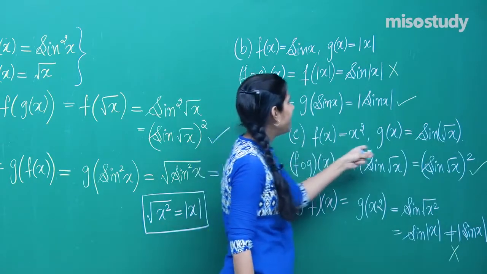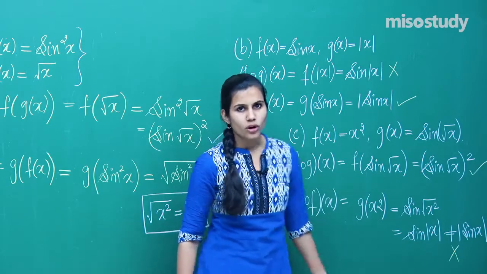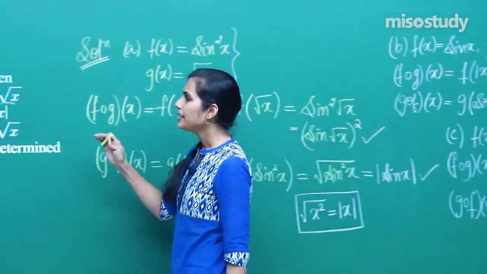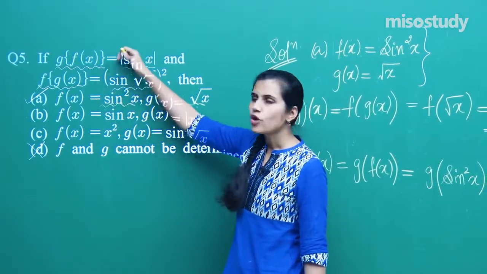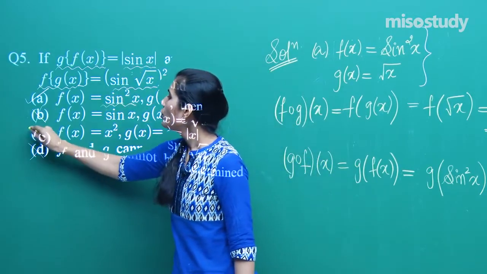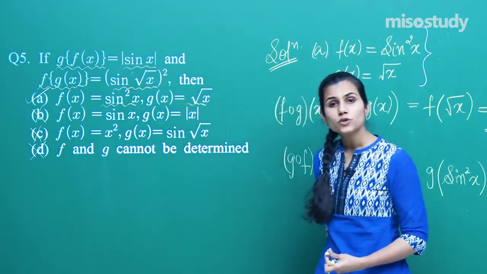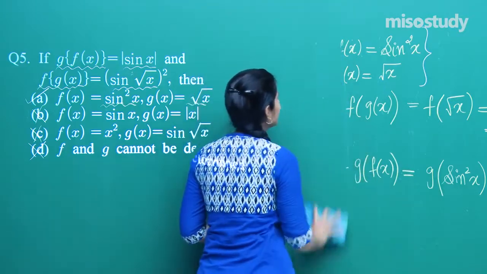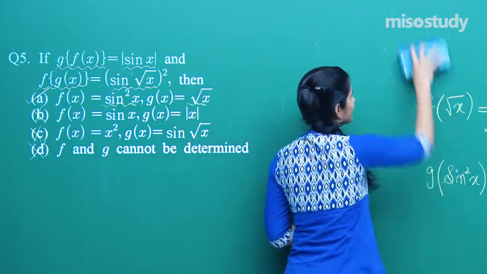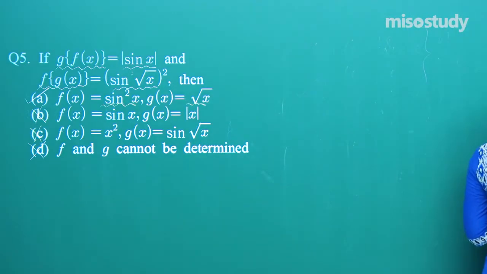So with this f and this g, FOG is coming out to be what I want, but GOF is not what I want, and that means option B and option C do not provide me with f and g which make both these compositions true, and so only A has f and g which makes both these compositions true, and that is why A is the correct answer. This is how nicely we dealt with this question and then successfully obtained the answer related to the composition part of the chapter, Relations and Functions.